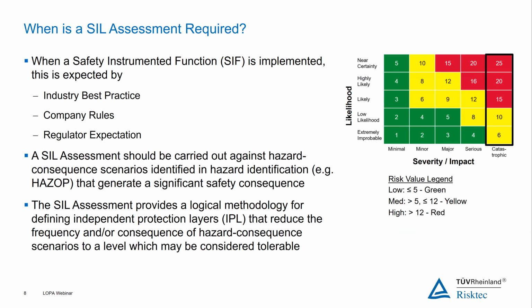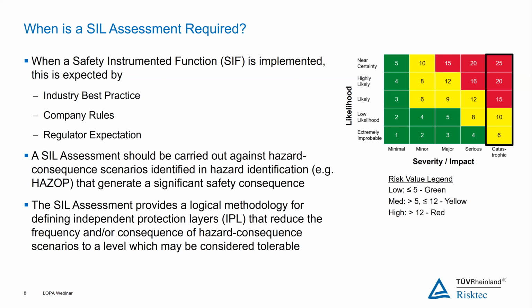It may also be that you decide anything that falls within the red risk ranking or the catastrophic consequence, we're going to carry out a LOPA against. That is going to be highly situational based on what the definitions within the risk matrix you're using are for catastrophic or serious. In this example, this risk matrix is a 5x5 matrix. You may have an 8x8 matrix, and you may need multiple levels of consequence to assess and carry out. So there's a whole range of things; it's never going to be one size fits all, if you will.